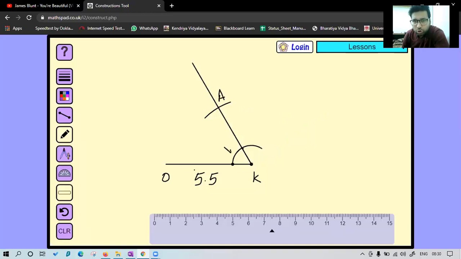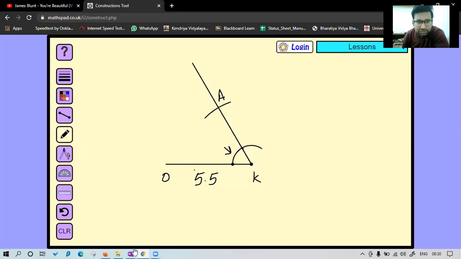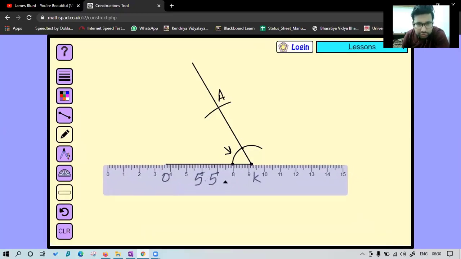Now we will try to draw the same angle of 60 degrees on this O side. For that we have to extend this line. If you remember, I told you we have to extend this line. So let's extend this first in a dotted way. So we have extended the line.